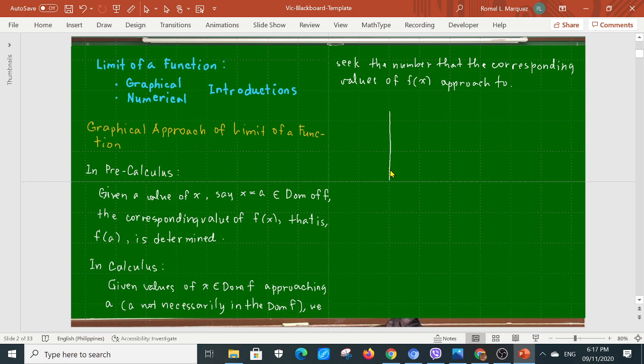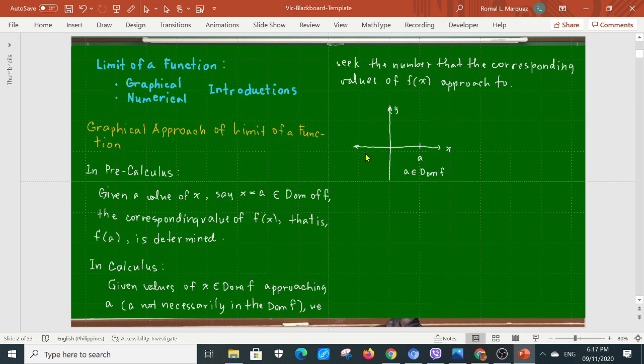Let's say in pre-calculus, this is our concern. On the y and x axes, let's say I have x equals a here. It's possible that a is in the domain of f.